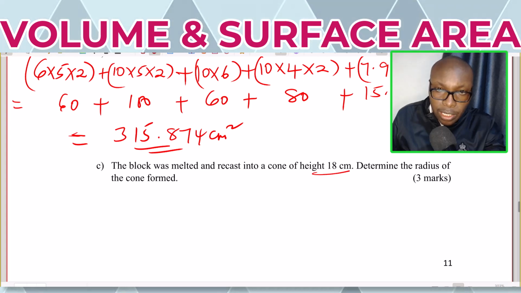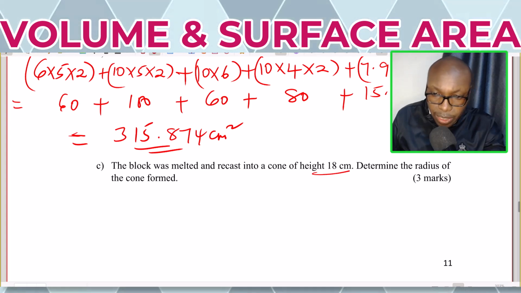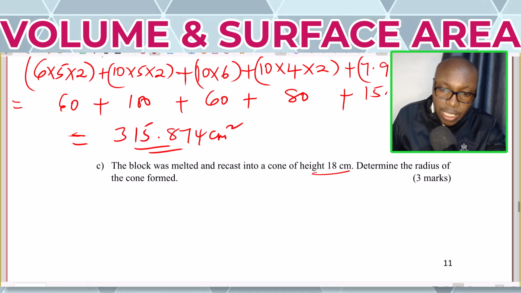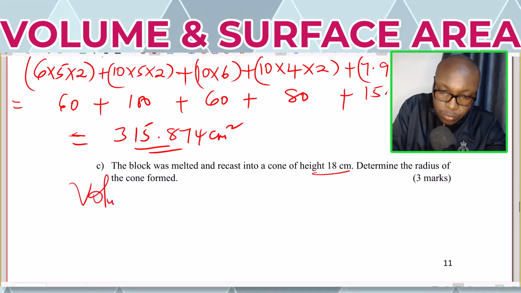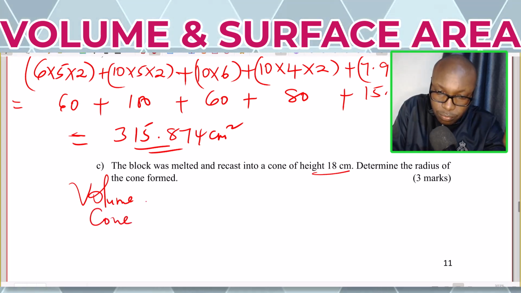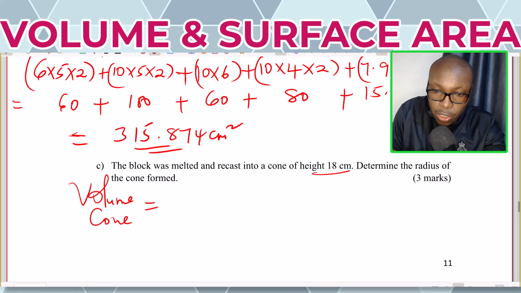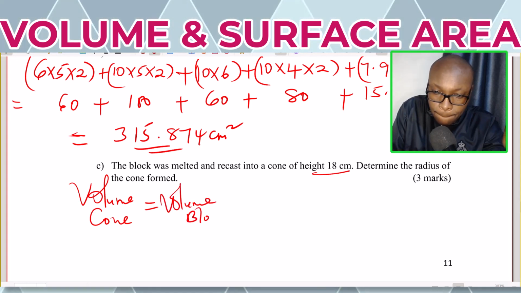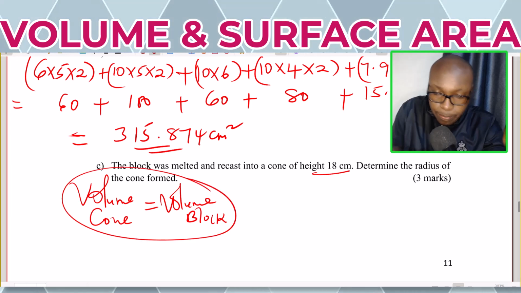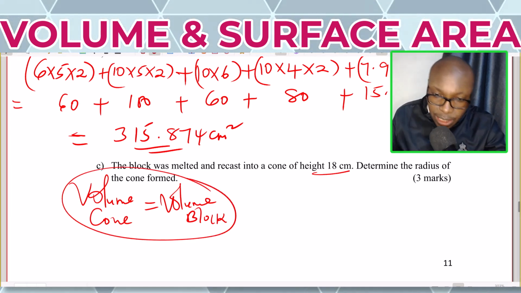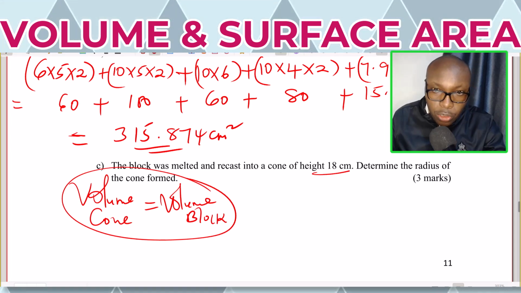If this metallic block was melted and recast into a cone, then the volume of the cone will be equal to the volume of that block. The volumes will be the same.